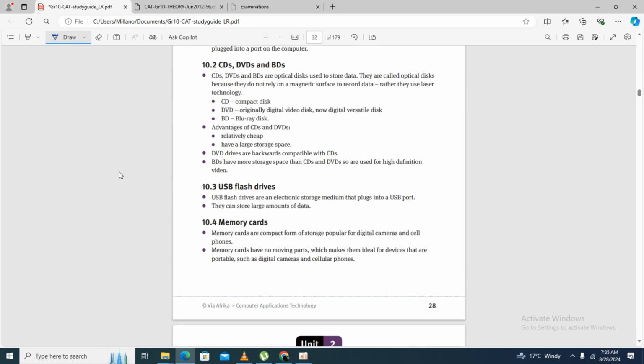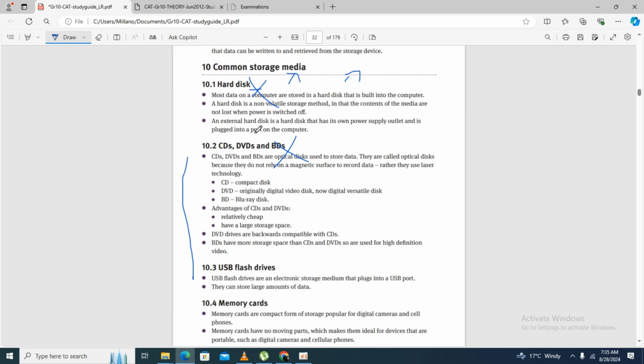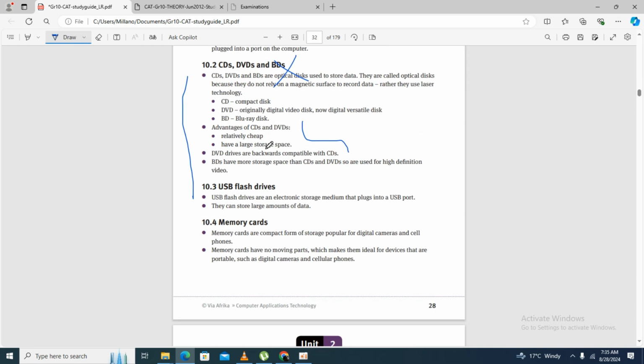So these are also, I think you guys could cancel out this because we don't use CDs, DVDs, and those anymore. But if they do ask you for an advantage, just know the advantages and disadvantages. But CDs and DVDs are not used anymore.